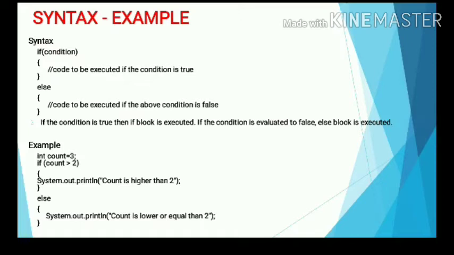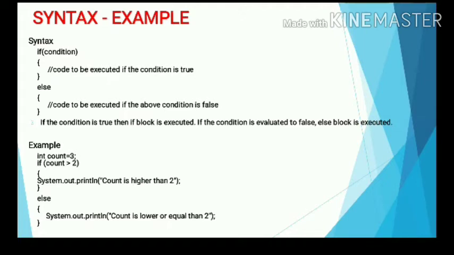In the next line, if count greater than 2, it checks the condition. The count is 3. So 3 is greater than 2. Yes, the condition is true, so it enters into the true block. What is in the true block? It will print the output count is higher than 2.